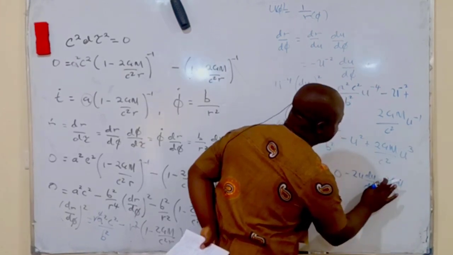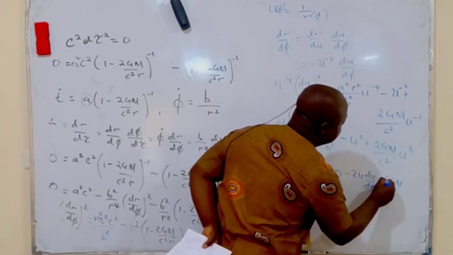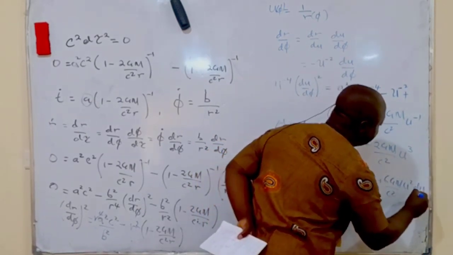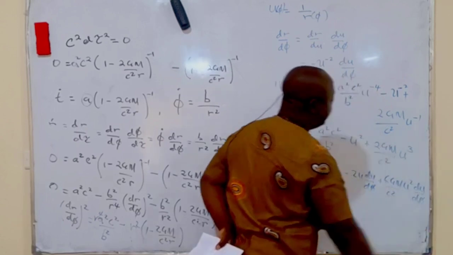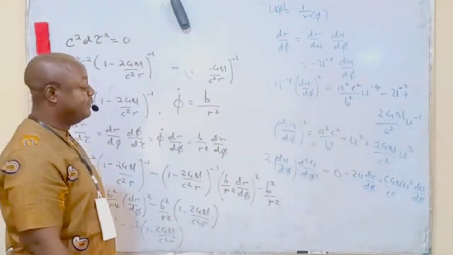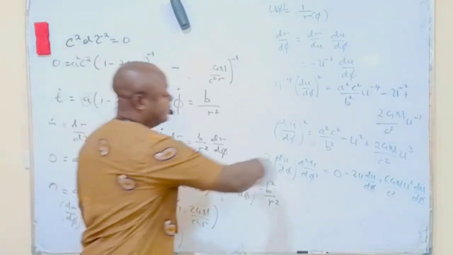This will become 6 u squared du by d phi. And again, our du by d phi will disappear, and we can divide all through by 2.